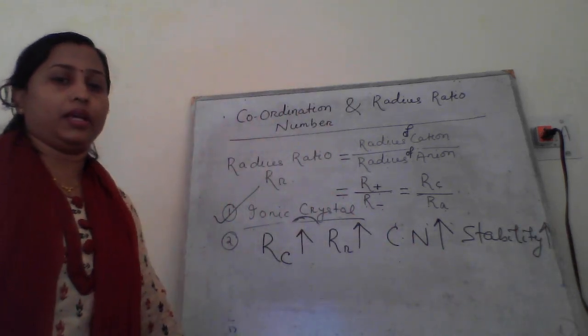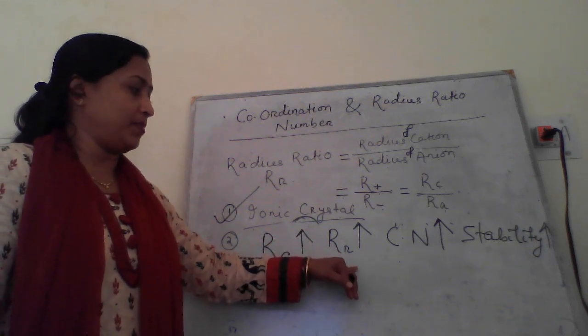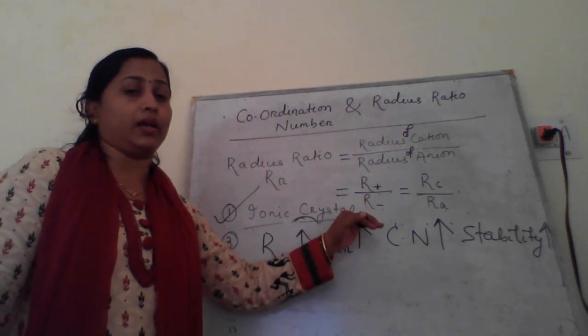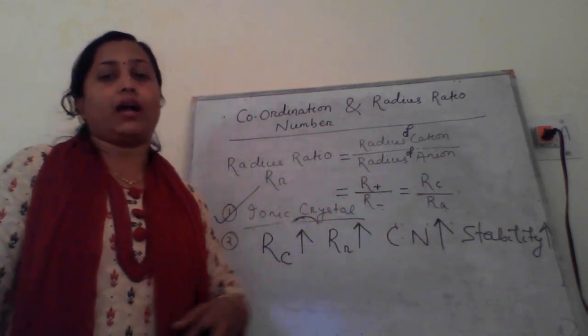If the radius of cation is large, the radius ratio is higher, the coordination number is higher, and then the stability must be high.